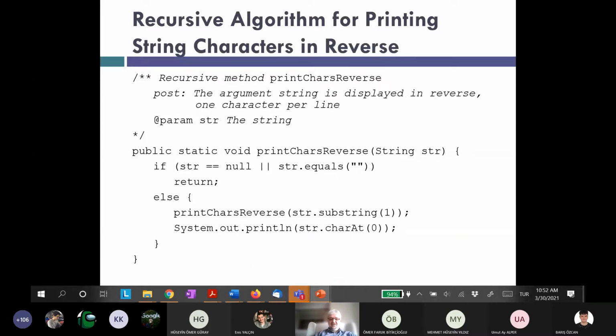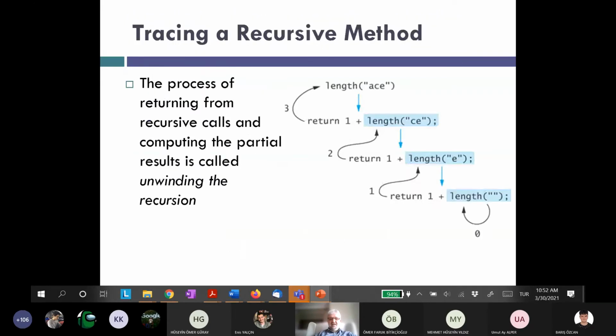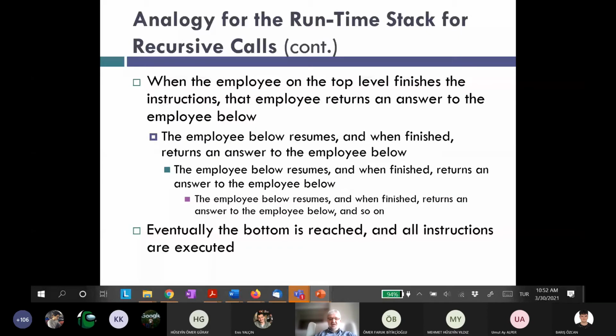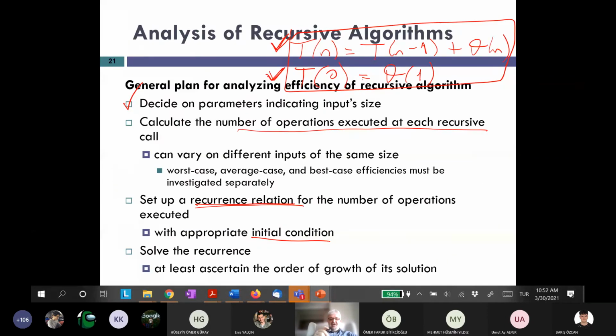Same thing for this one, so I'm not going to go into detail. Is it clear? Okay, so what we do is we try to set up a recurrence relation for the number of operations executed, but sometimes the number of operations executed at each recursive call is not, we cannot write it in theta notation.